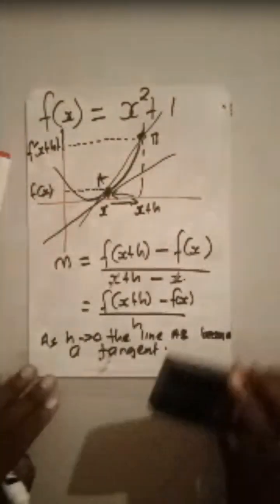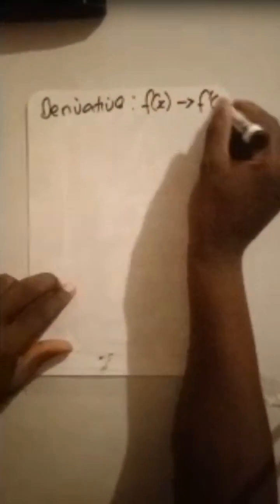All right. So from there, that is where we get the formula that we use to derive from first principles, which says the derivative, by the way, a derivative is the result of differentiation. And the derivative of f of x is f prime of x, like that, right?